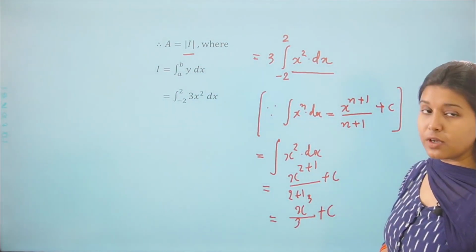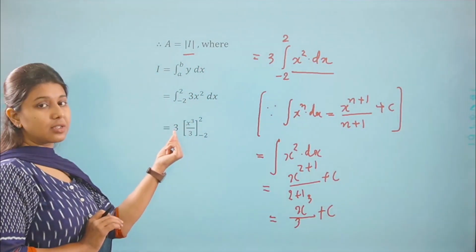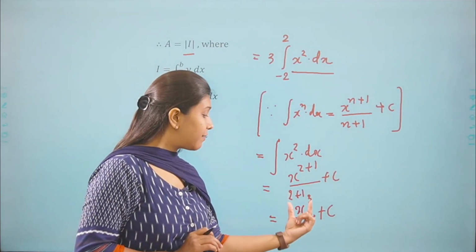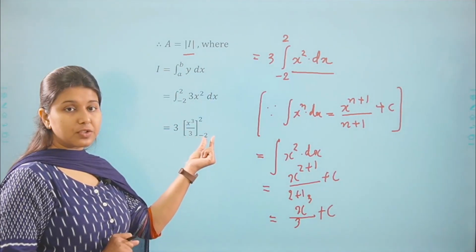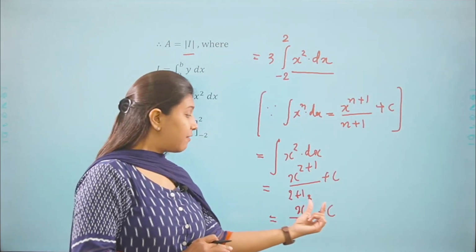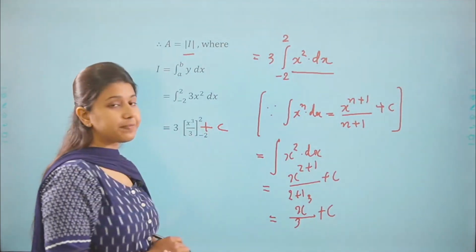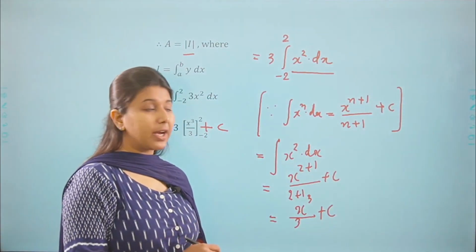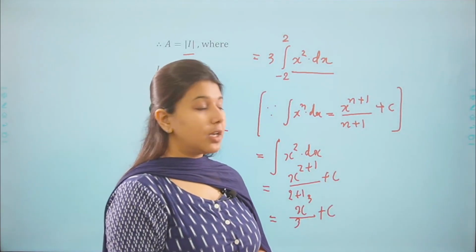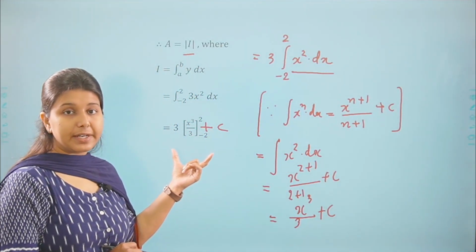Using this term, we can solve this as 3 as a constant and integration of x square. Using this, we have x cubed by 3 and your range is minus 2 to 2. Now my question is, why are we not writing plus c here? Because this integration is in indefinite form and you are solving for definite integration.